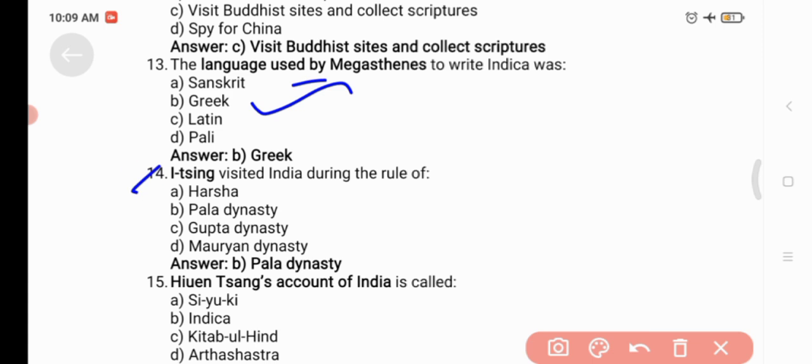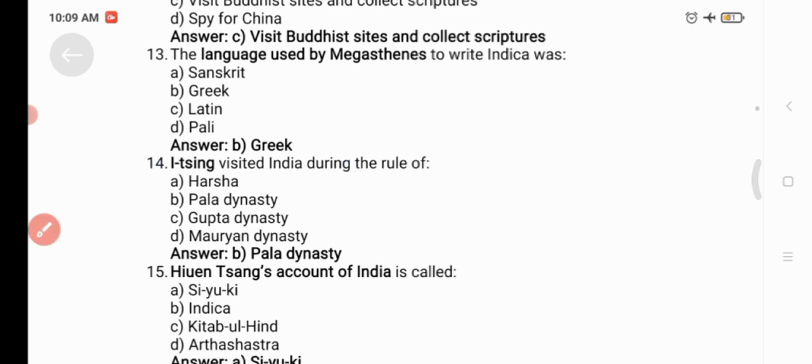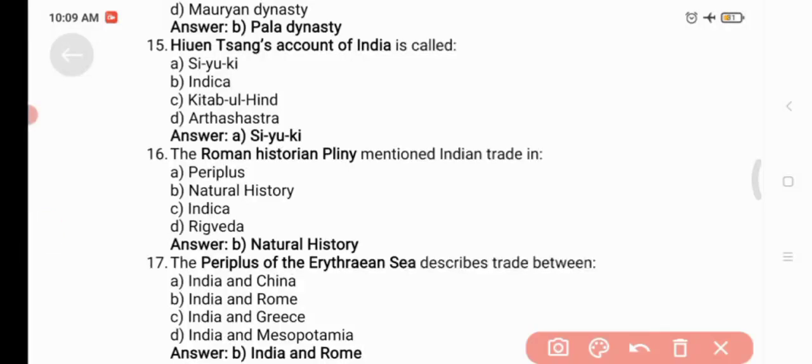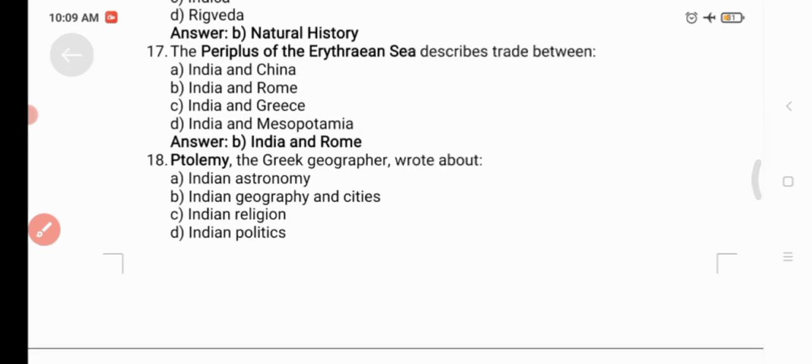I-tsing visited India during the rule of option B, Pala dynasty. Hiuen Tsang's account of India is called option A, Si-Yu-Ki. The Roman historian Pliny mentioned Indian trade in option B, Natural History. The Periplus of the Erythraean Sea describes trade between option B, India and Rome.